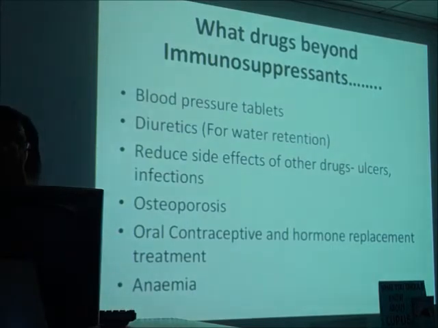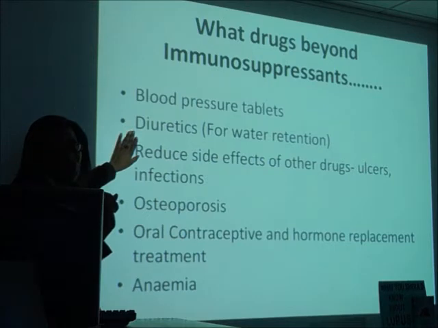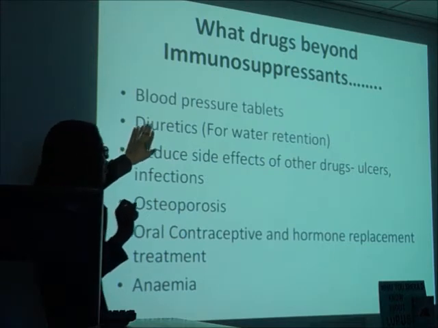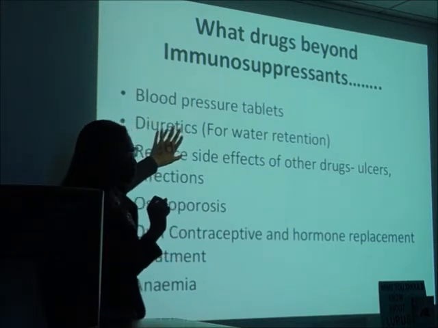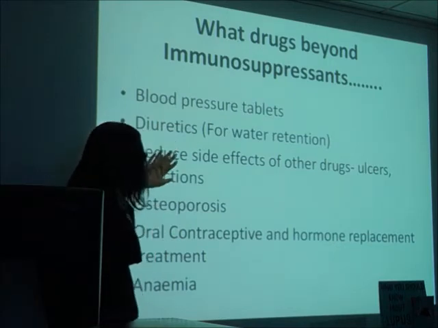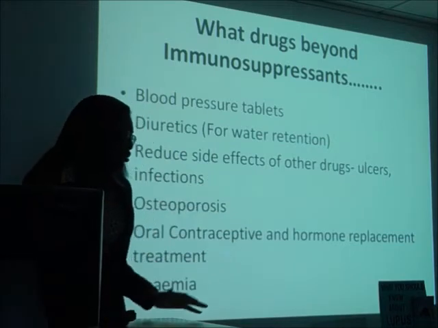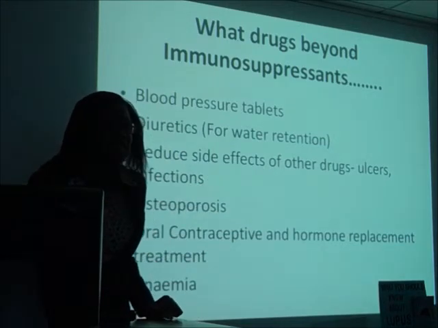Remember I mentioned that it's not only the immunosuppressant medications. We have to use medications beyond the immunosuppressants. Medications that control blood pressure. Medications that dispel the water retention. But also there are the side effects. Can anybody shout out any side effects that they've had from immunosuppressants?